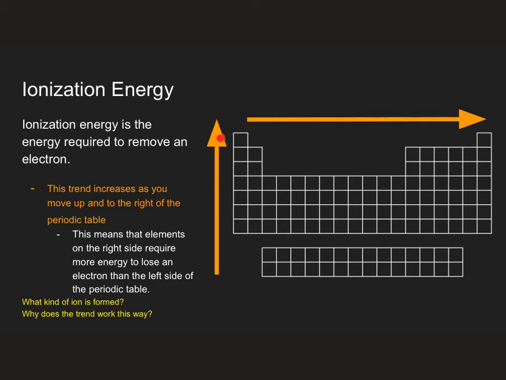In the same instance, though, we said that those that tend to hold on to it, so they have a smaller radius because they're pulling it in tighter, and it's basically a greater ability to be positive, is going to hold on to it a little bit tighter. So helium really should be our most difficult one to remove an electron.